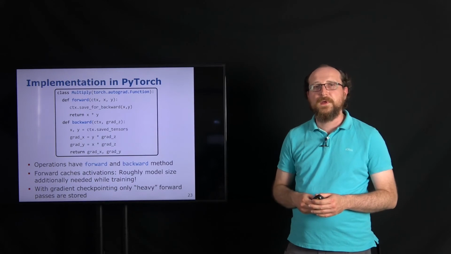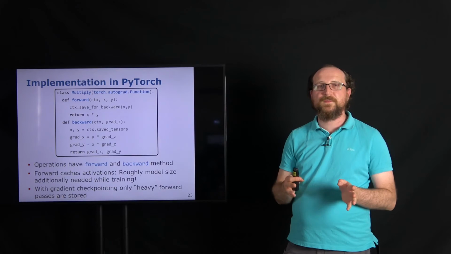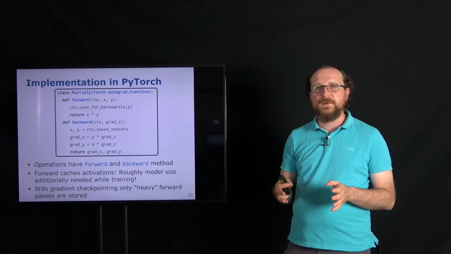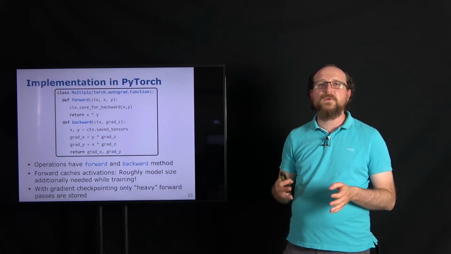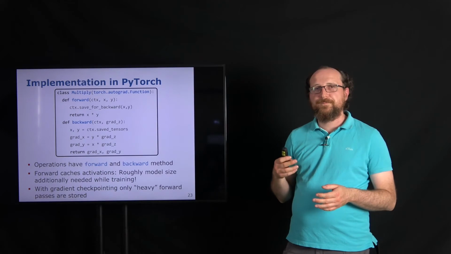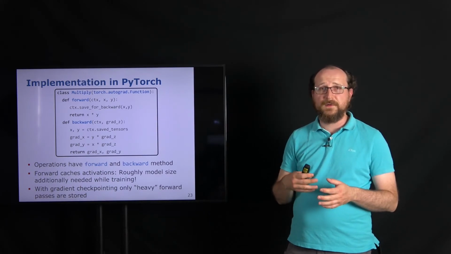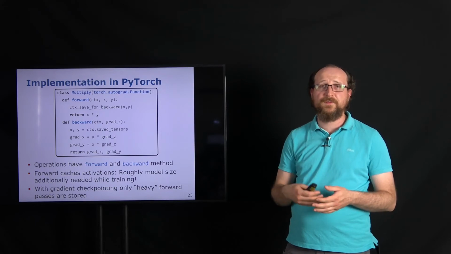Therefore, we have not only the weights that we have to store, but also the paths that we need to then compute the outputs. And therefore, usually this increases the memory size of the network while training.